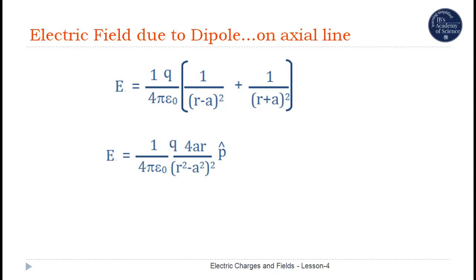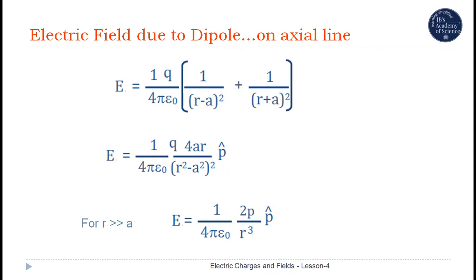So that gives the direction of the electric field due to the dipole. Now we know that q into 2a is dipole moment of the dipole. So q into 4a becomes 2p.